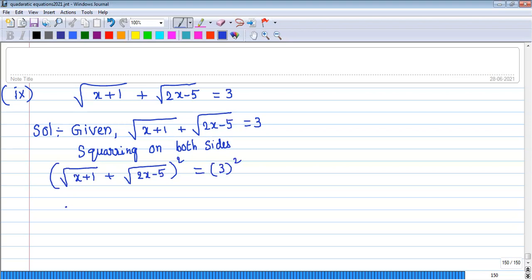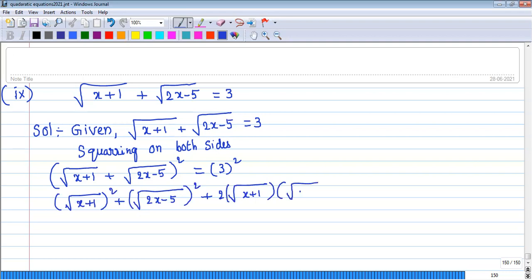We can write root of x plus 1 whole square plus root of 2x minus 5 whole square plus 2ab, 2 times root of x plus 1 into root of 2x minus 5, equal to 9. This will be x plus 1, obviously 2x minus 5, plus 2 times root of x plus 1 into 2x minus 5.